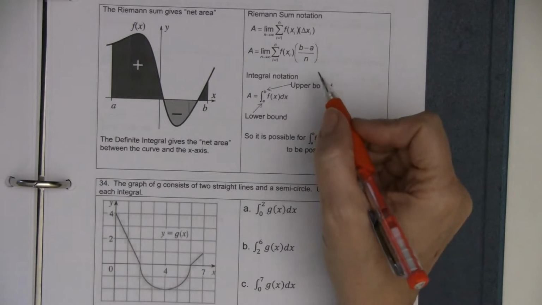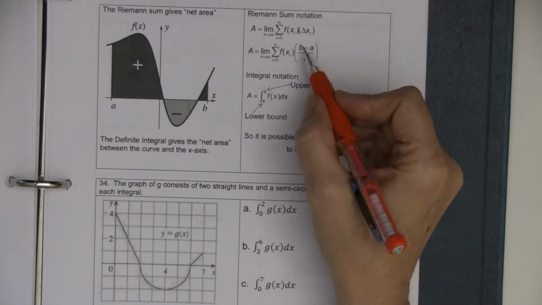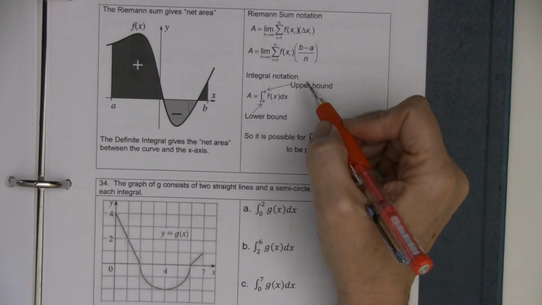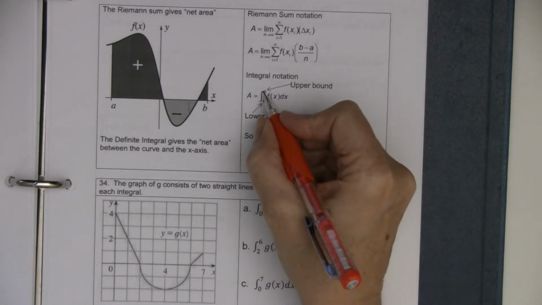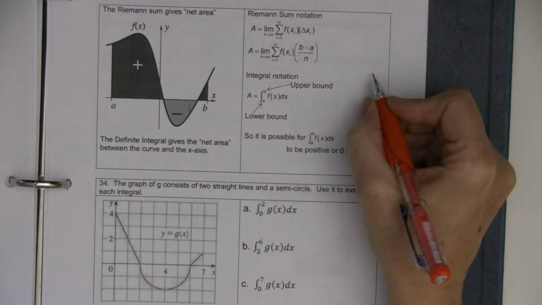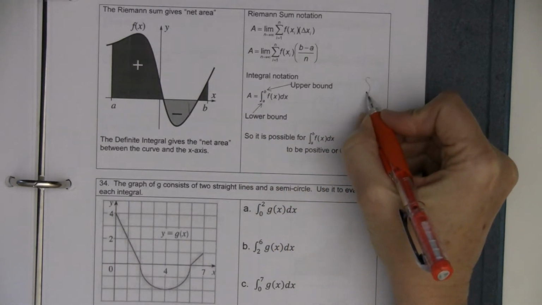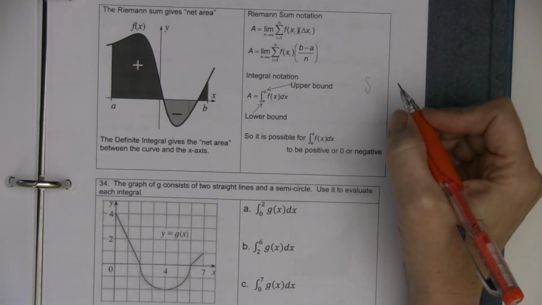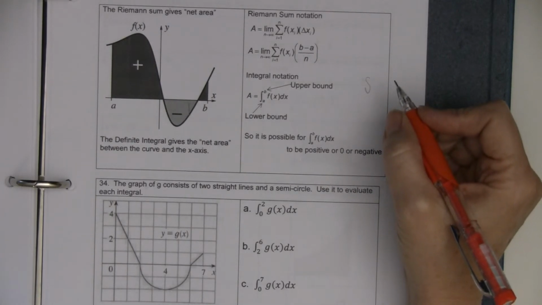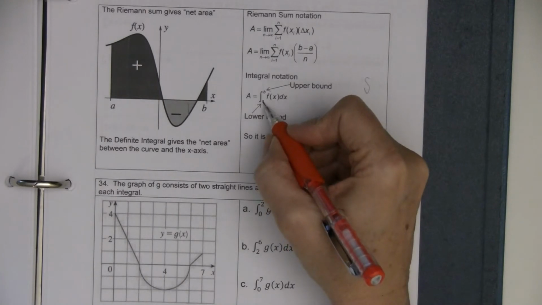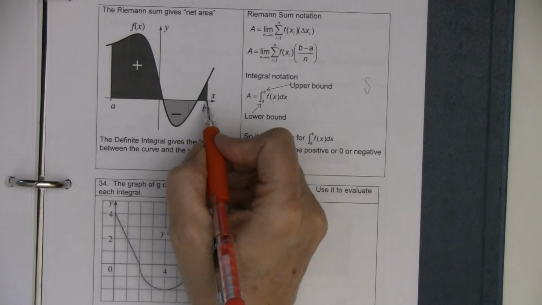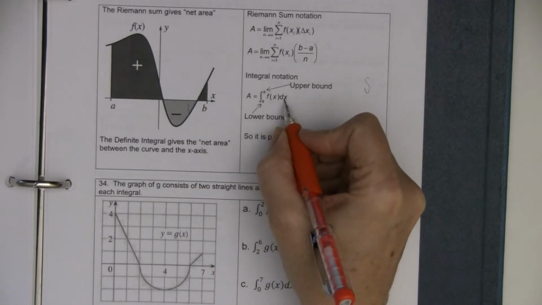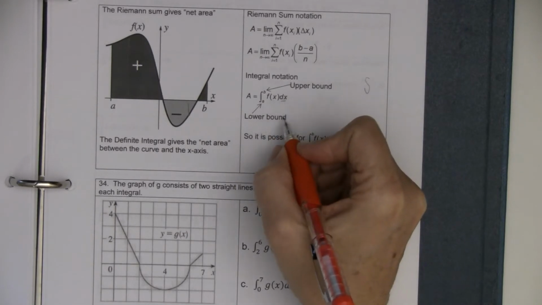Switching that notation up again, remember that delta x is equal to b minus a over n, and for integral notation, this symbol right here might not look like it, but it's a big S. What that big S is for is add up, sum them up, from A to B. We're going to sum up the heights times the widths, and the dx stands for the widths.